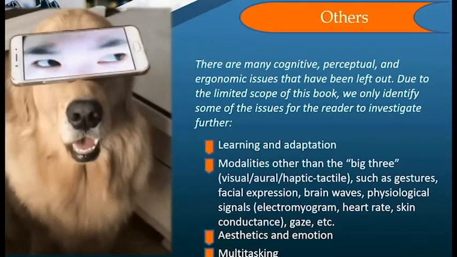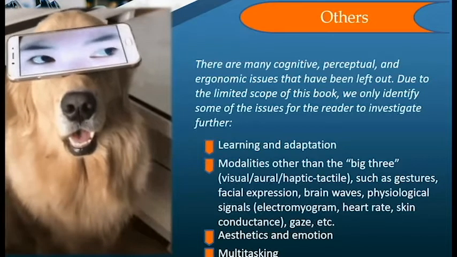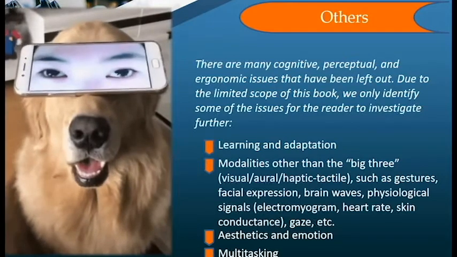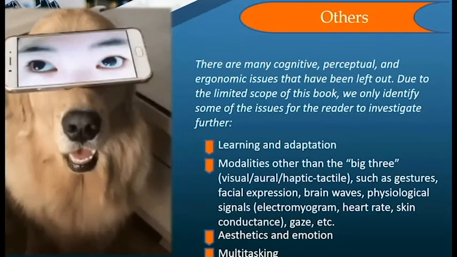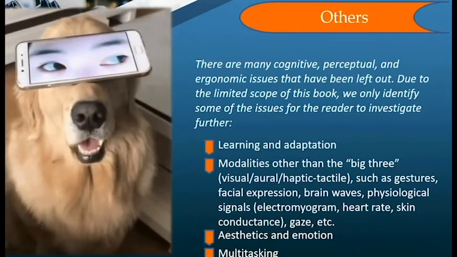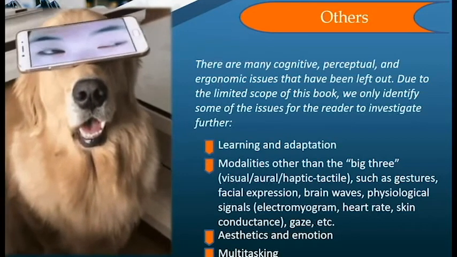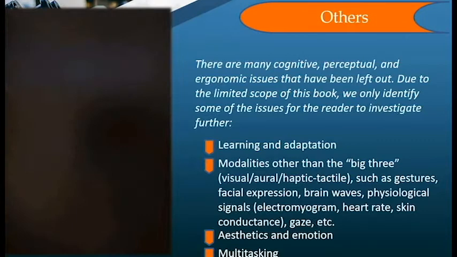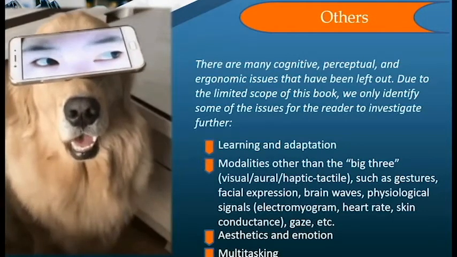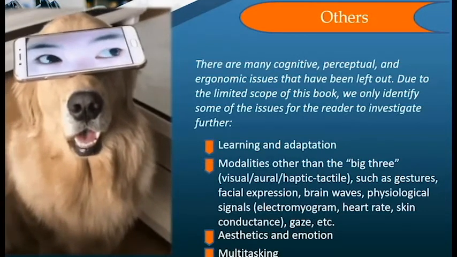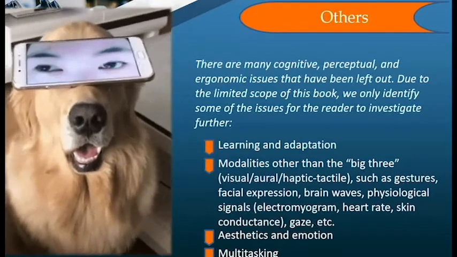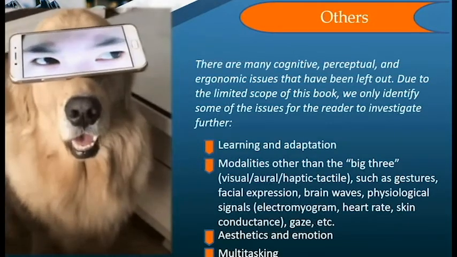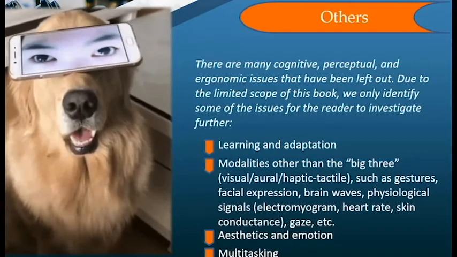So here we have some other factors like learning and adaptation, and modalities other than the big three, such as gestures, facial expression, brain waves, and physiological signals like electromyogram, heart rate, skin conductance, the gaze, etc. And we also have aesthetics and emotion and multitasking.